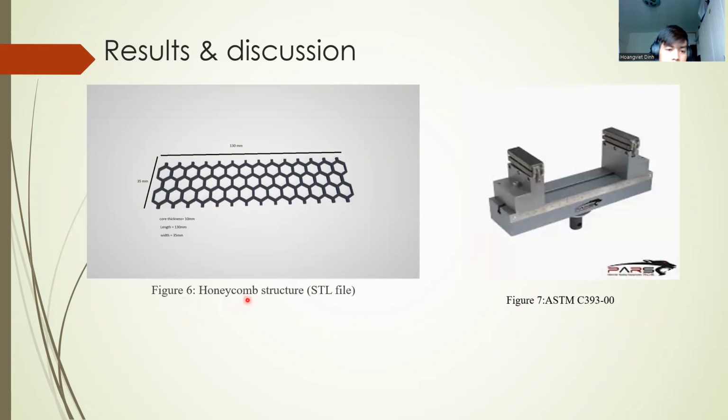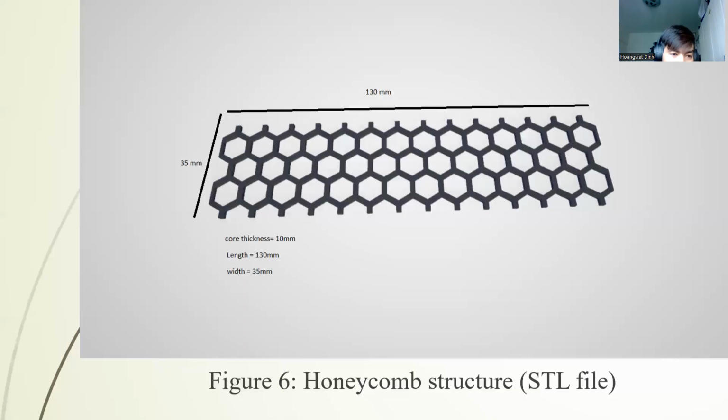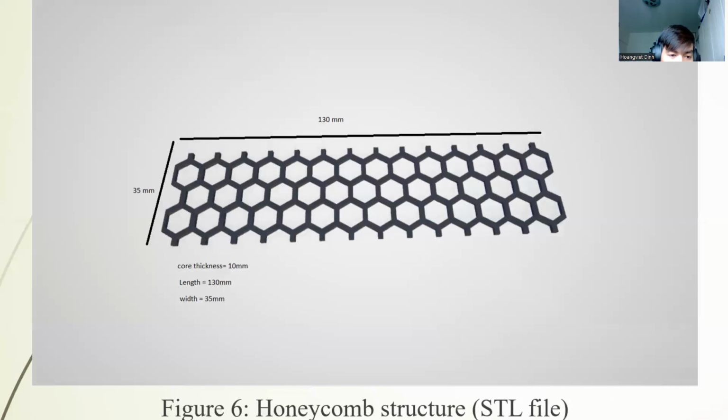Figure 6 is a honeycomb structure. I have designed it using SolidWorks, and after that I will convert it to an STL file. As you can see, the length of the honeycomb structure I created is 130 millimeter, the width is 35 millimeter, and the core thickness is about 10 millimeter.